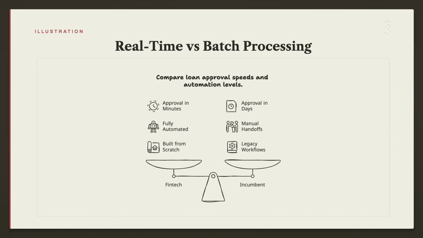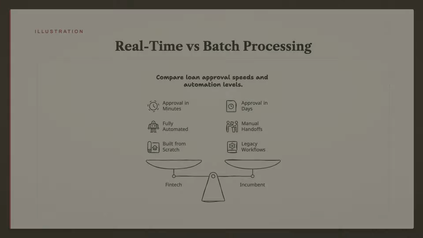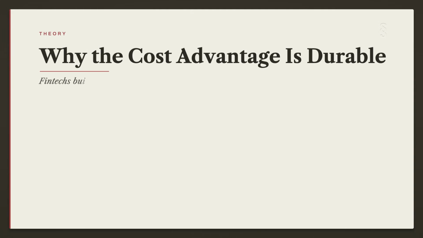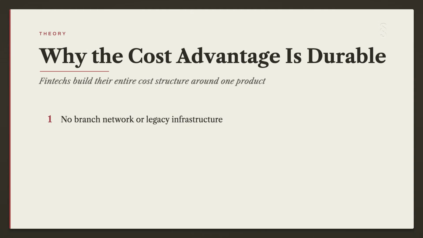Building from scratch allows real-time automated processing from day one, while many incumbents still run on batch processing and human handoffs. That difference shows up as an approval in minutes instead of days, and that speed changes which customers can be served profitably. The cost structure is where the advantage becomes durable.